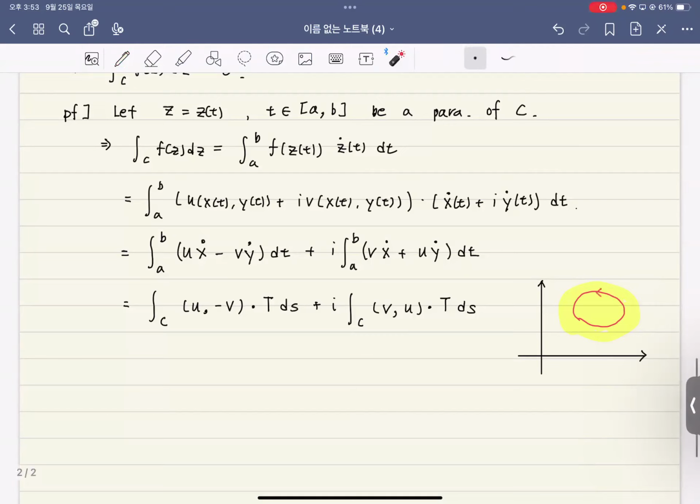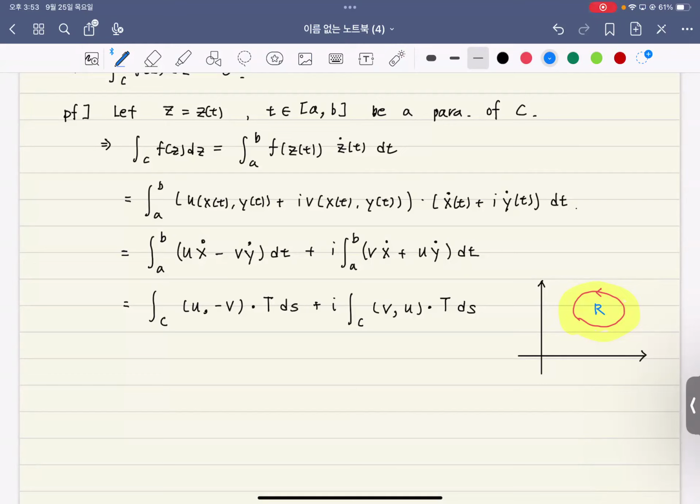Since my curve is simply closed, it must bound a simply connected region that is completely contained inside my domain D. I'm going to call this region R, a closed region bounded by my curve of interest, C.